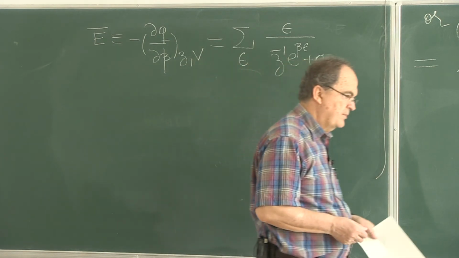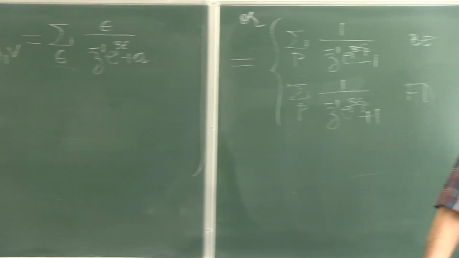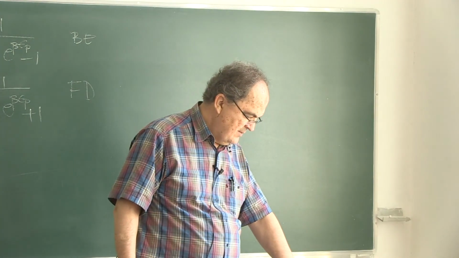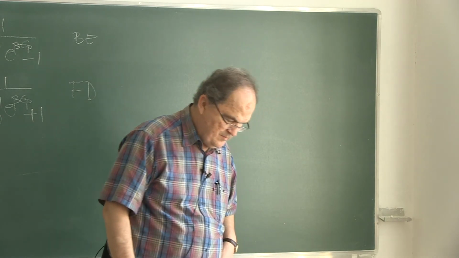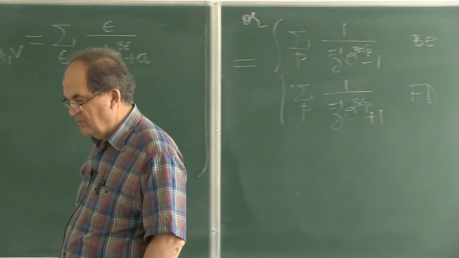Okay, so you can get the rest. What about the pressure? What do you expect for pressure? That's going to be a nice question, I think. We expect some pressure from a fermionic gas, but for the bosonic case, we have to think about it.